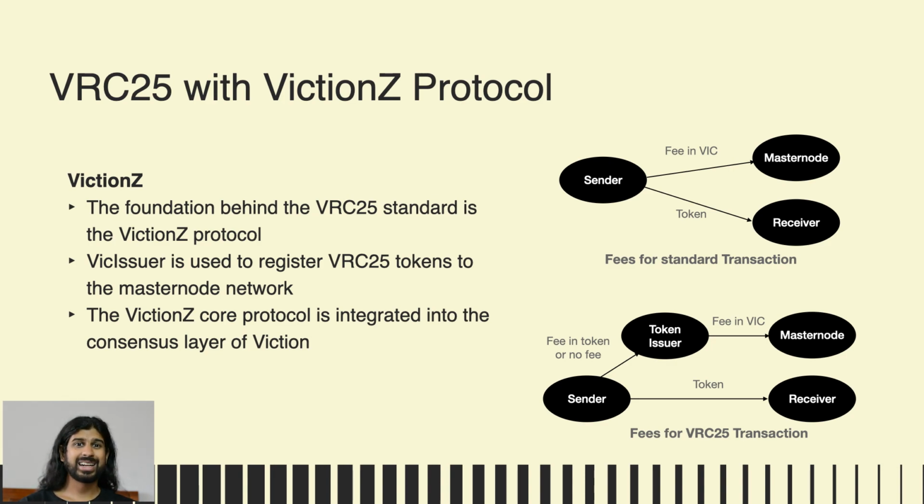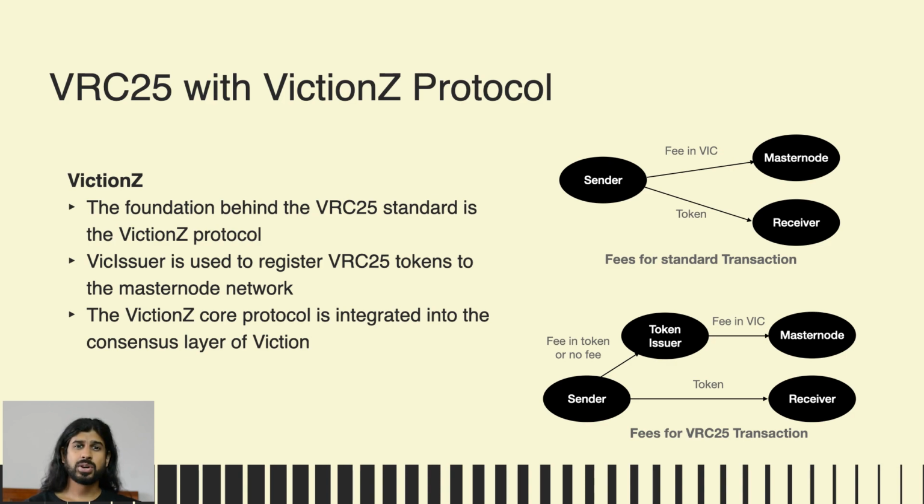Vicin issuer acts as an intermediary between the token and the masternode infrastructure. If you can see on the diagram on the right here, there are two ways that the fee structures work. The top shows you a typical VRC20 fee, right, where the sender is required to pay the gas fees to the masternode network. The second is an example of a VRC25 token.